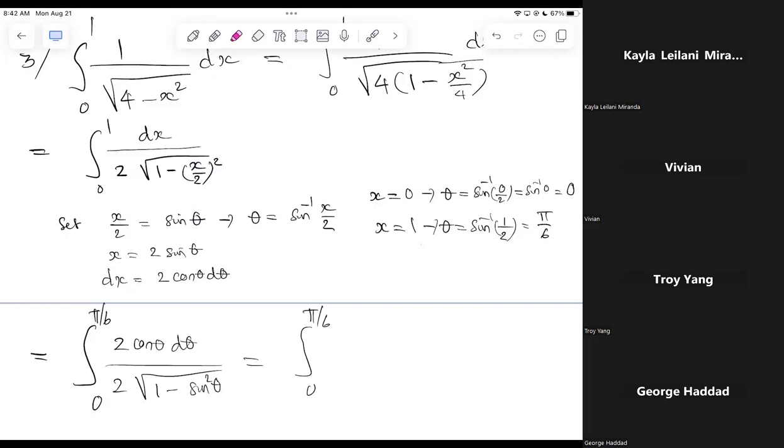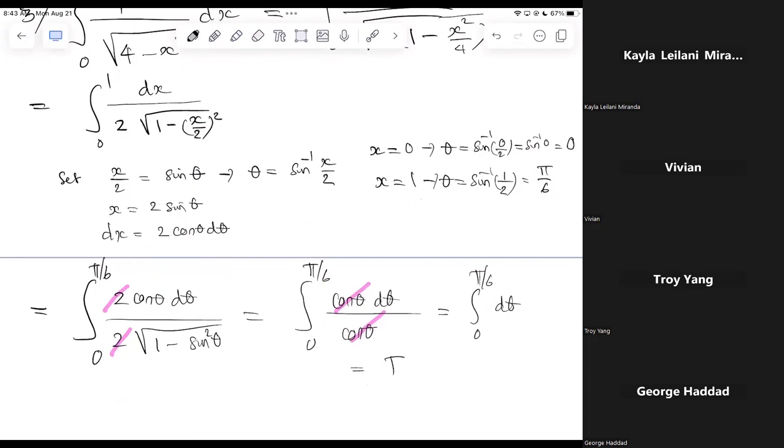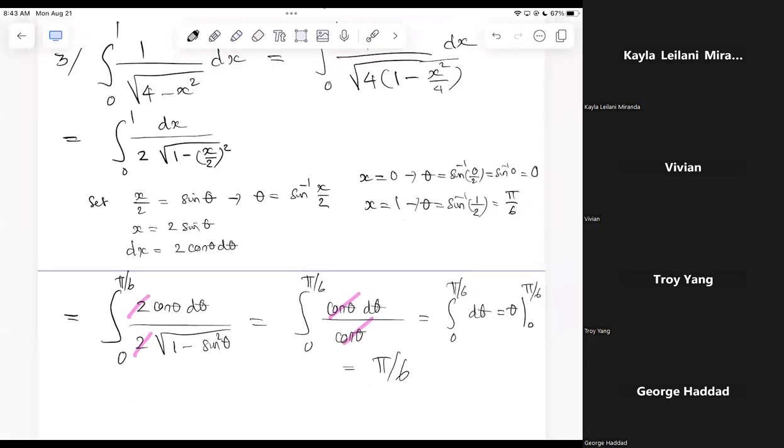So the 2 cancels out, right? You have cosine theta d theta, and that one is just cosine theta, which also cancels out. So you only have the integral from 0 to pi/6 of d theta. So that one is just pi/6. Okay, just pi/6.